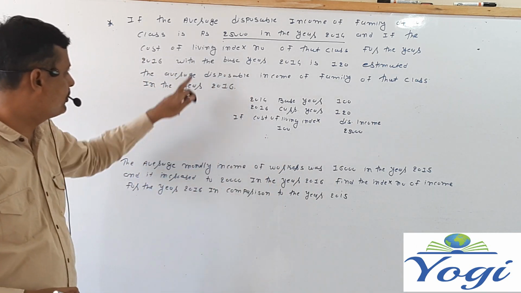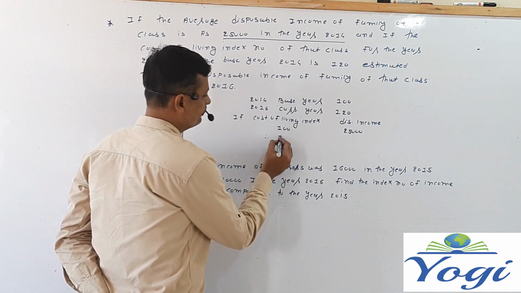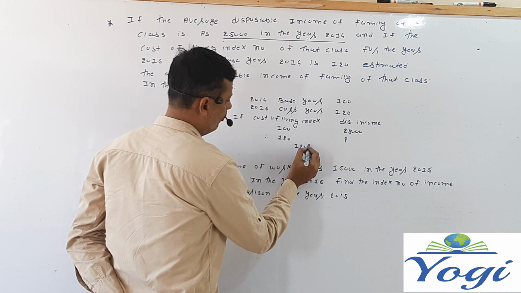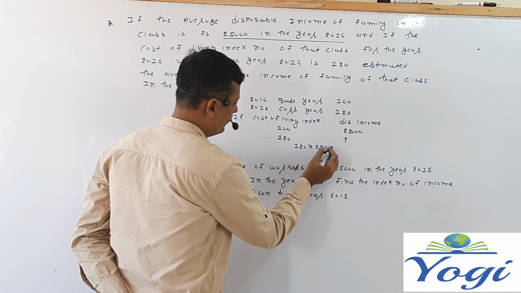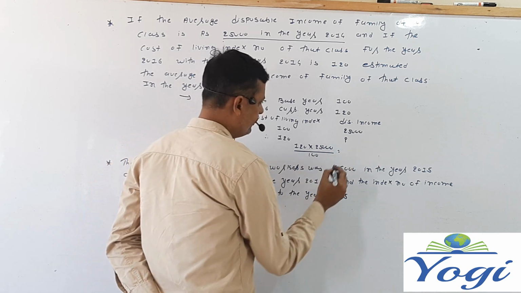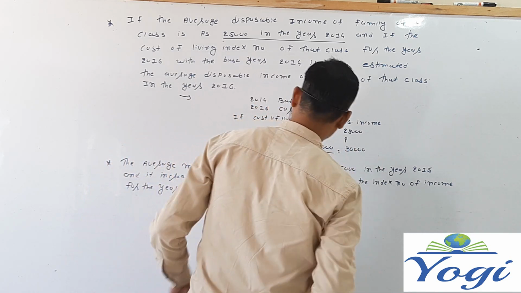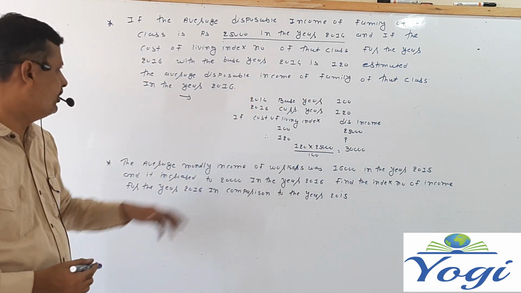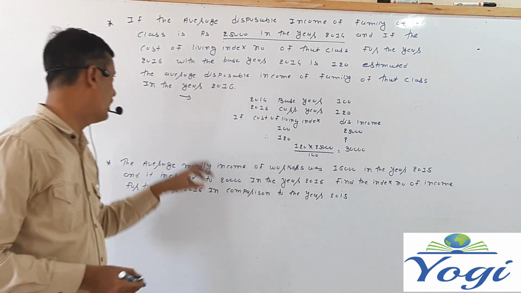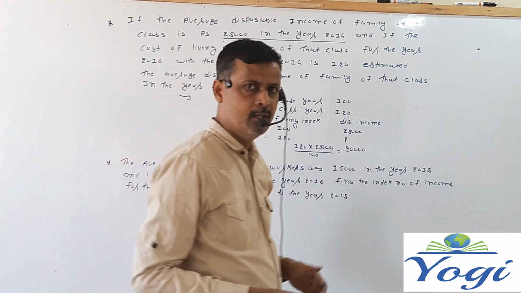Now here 2016 index is 120. So income is a question mark: 120 into 25,000 upon 100. So it will become 30,000. So the average disposable income of a family of that class in the year 2016 is 30,000.